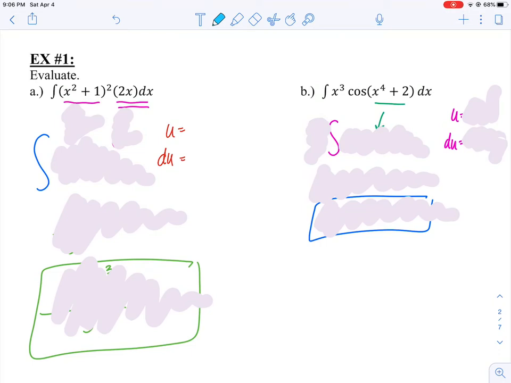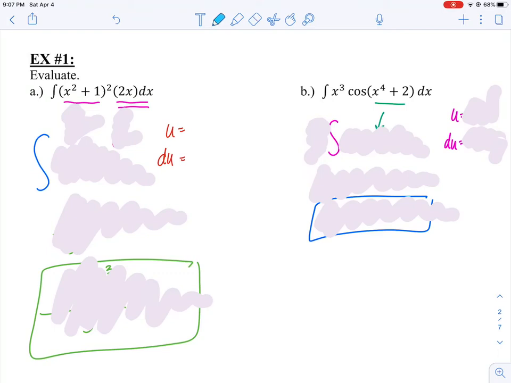Look at example number 1a with me. To me, this looks like if I didn't have this u substitution rule, we would have to FOIL this out twice and distribute a 2x. Now, you can do it, but if we can find a u and a du that replaces all of my pieces perfectly, well, then I can integrate it in terms of u instead, and then just back substitute like I did up above.